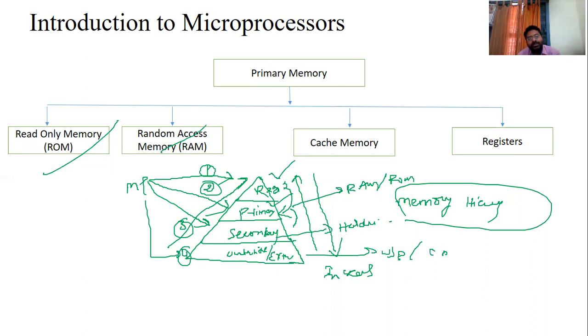In between the registers and the primary memory, we have cache memory. Now see this.